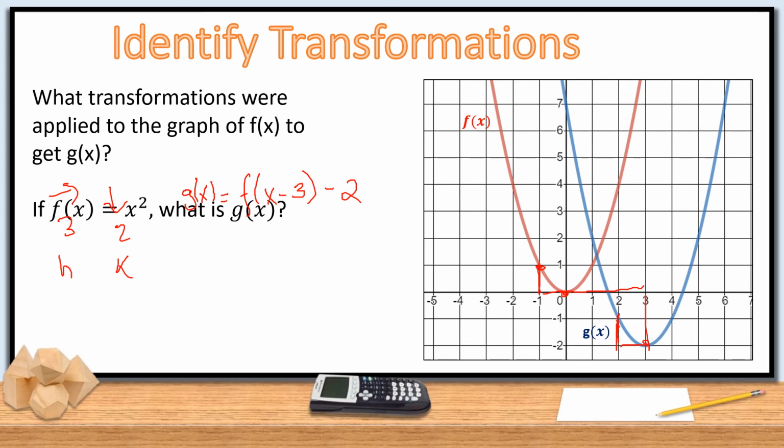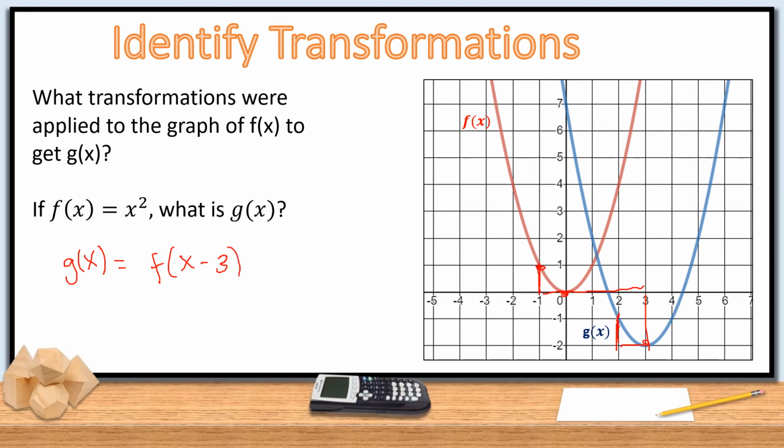Let me erase this so you can see it. Now assuming that instead of just basic f of x, f of x is x squared. The parent function is x squared. That would be the exact same thing. g of x is equal to no stretch or compression, so f of x, and we want to go 3 units to the right, so x minus 3, the only difference being it's squared, minus 2.